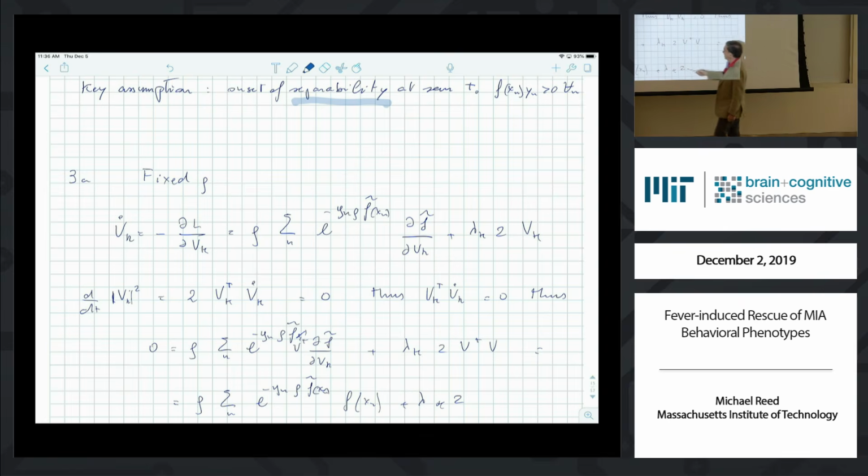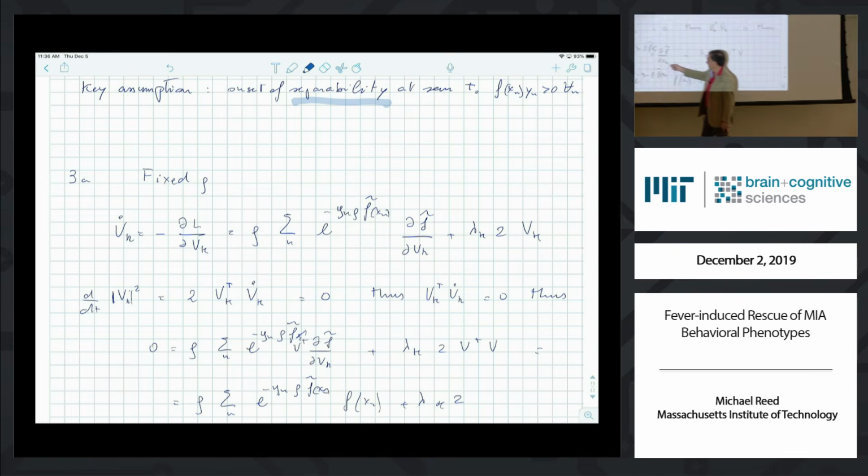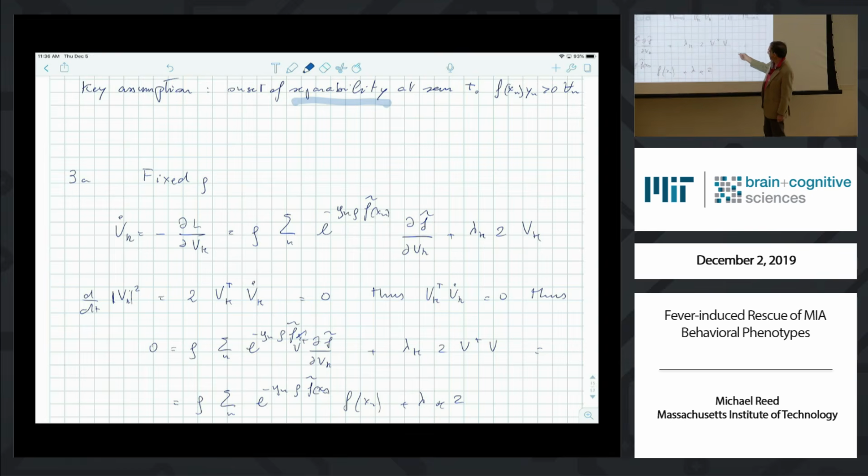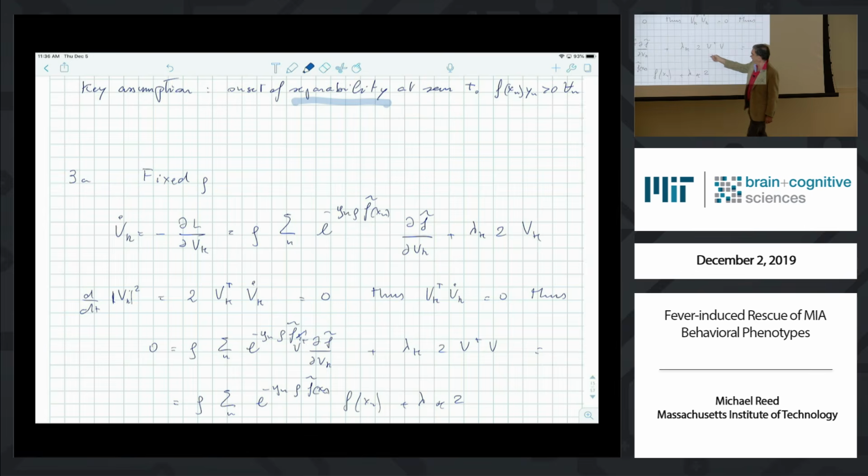I get this equation here with a lambda, and then this would be 1, and I can solve for lambda, and I find this equation.